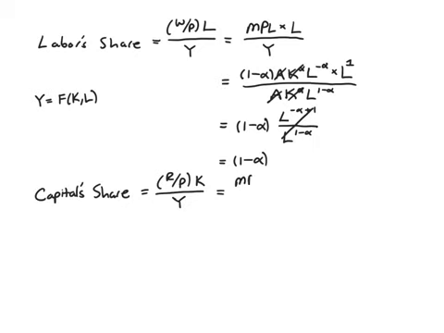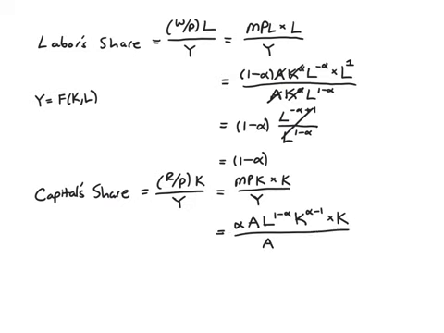We know the real rental price of capital is the marginal product of capital, so we can substitute it. Now we already calculated the marginal product of capital, so we'll plug in for that. It was alpha times A times L to the 1 minus alpha times K to the alpha minus 1, and then times K here, all over Y.